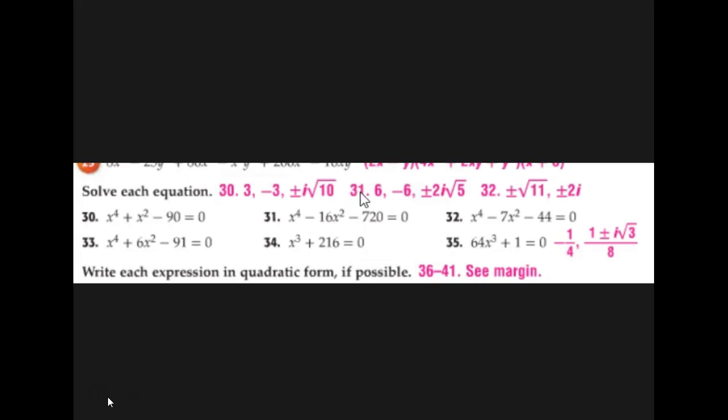And then you used the 2 roots to find the 4 roots. So there's 30, 31, 32. As well as 35, and I'll show you 33 and 34 in a second. So again, are there any of those questions that you wanted to see worked out?